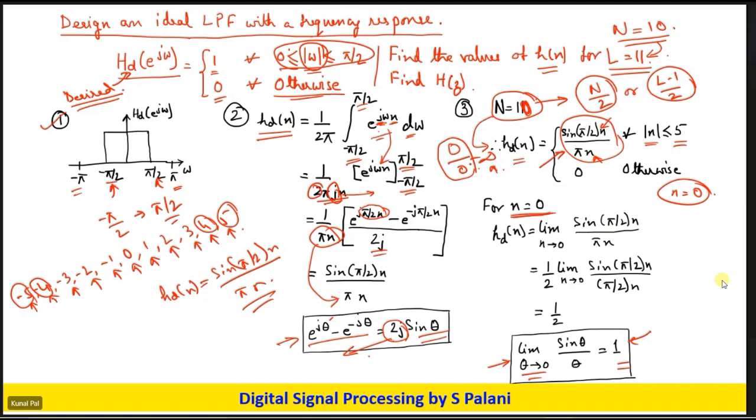So we have h_d(n), limit n tending to 0, sine of πn/2 divided by πn. But I said that limit θ tending to 0, sin θ by θ is equal to 1. So over here, the θ is πn/2. However, in the denominator, it is πn.